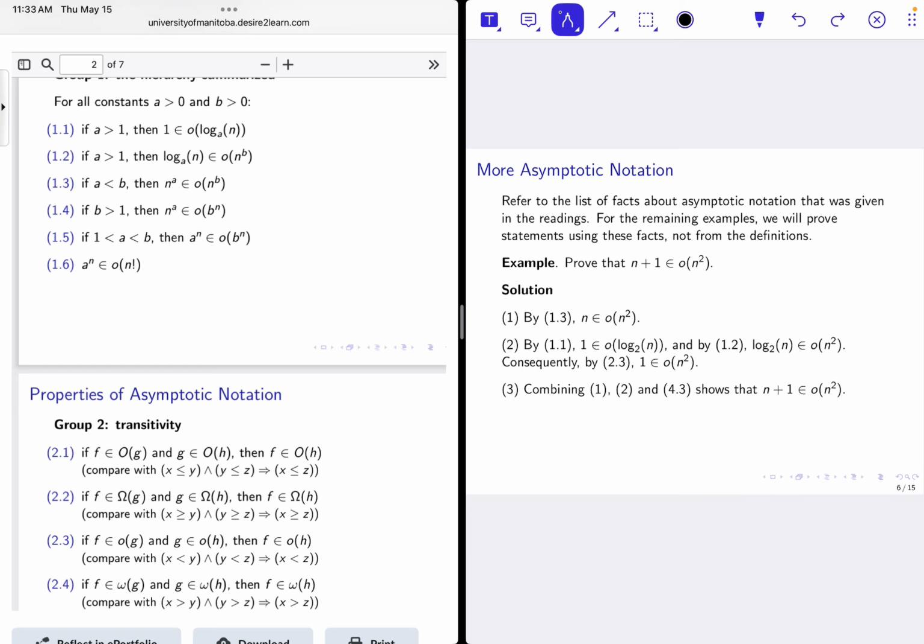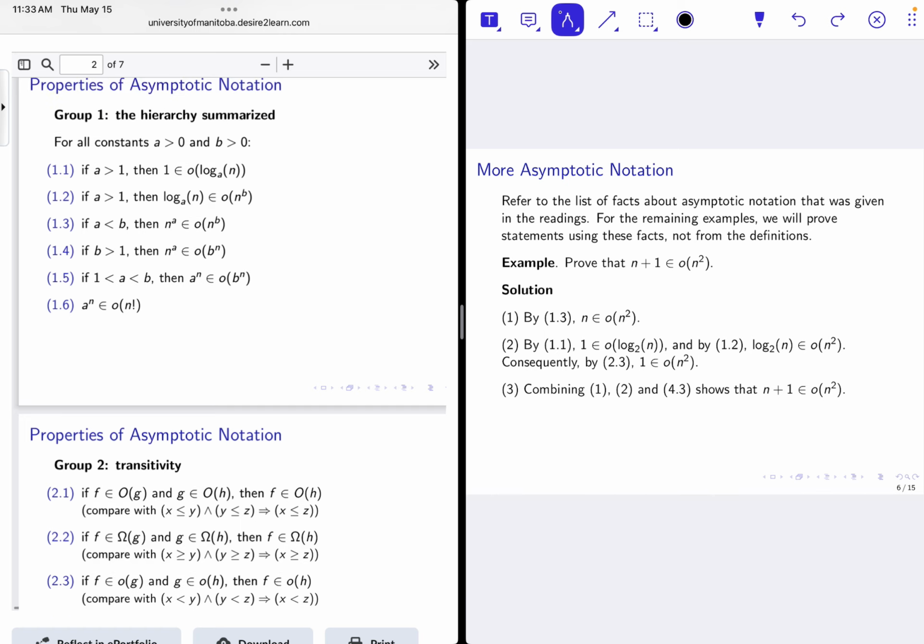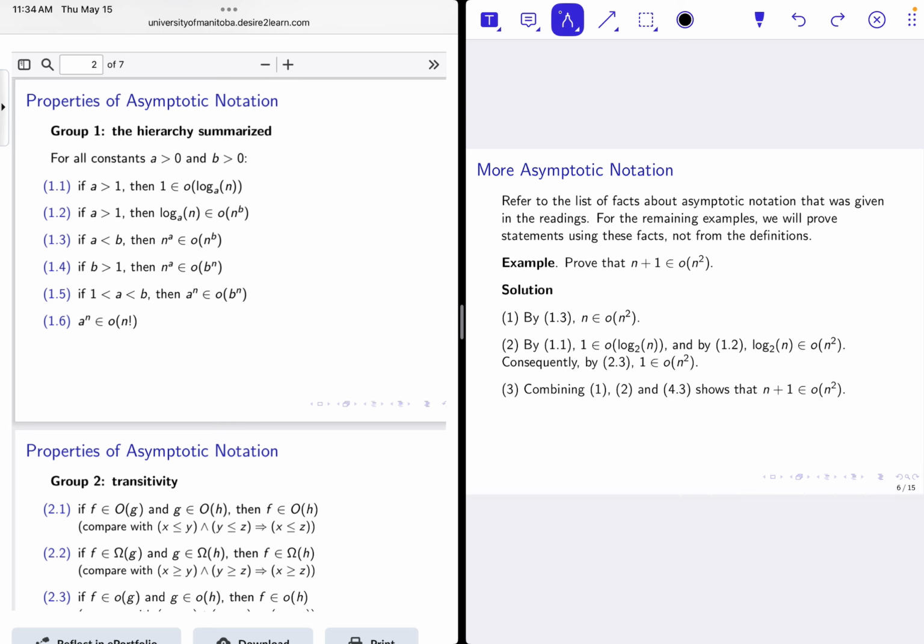We're going to prove that n plus 1 is in little o of n cubed. So by fact 1.3, which is, oh, I wish I could underline stuff on the PDF too. Oh well. Yeah, I'll just say the numbers and you'll have to keep up with it.